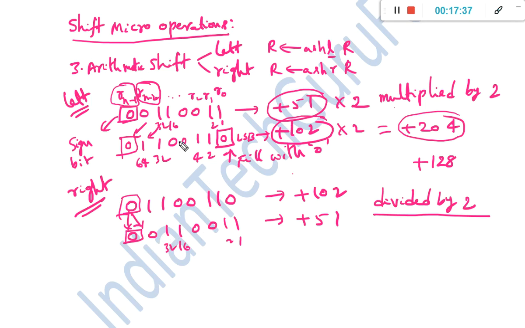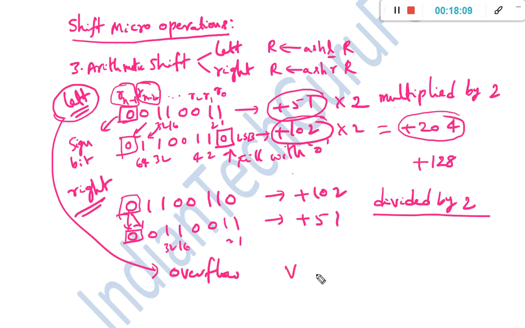Okay. So in case of the left shift operation, there is a possibility of an overflow condition. It will be verified by a flip flop, which performs the exclusive OR operation between Rn minus 1 as well as Rn minus 2. So we are going to maintain a flip flop V, which performs an exclusive OR operation between Rn minus 1 and Rn minus 2.